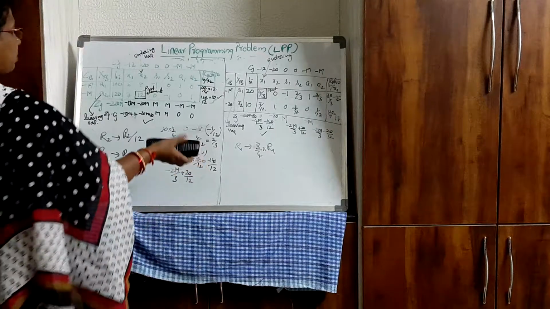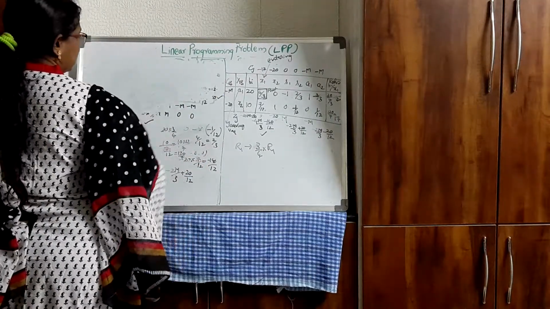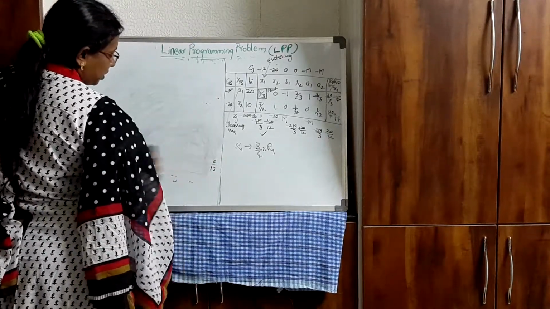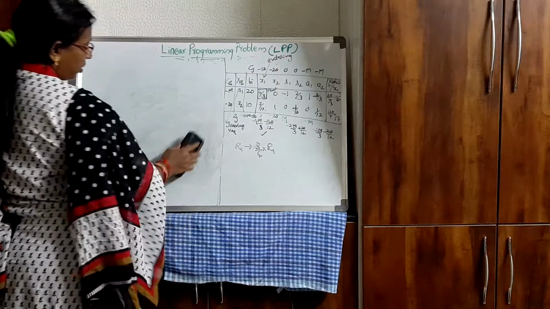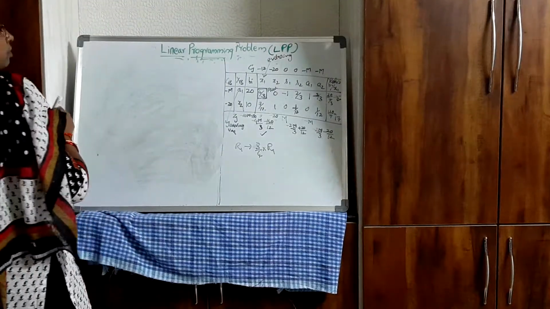So with that transformation, again draw the simplex table and enter the values. You have to keep on making these transformations, drawing the table and making the entries till all Zj minus Cj's are positive.